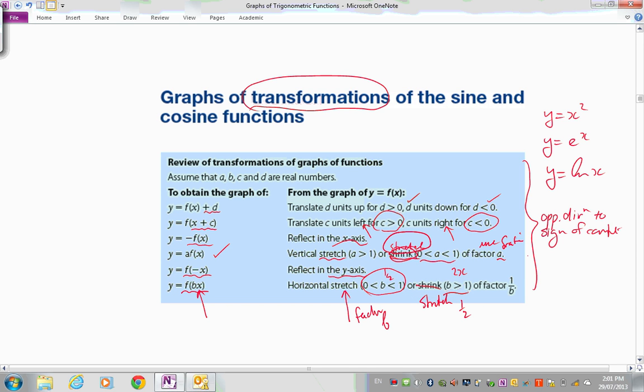So just got to watch that there. It's really a shrink of a factor of 2 there. I disagree with that language. When b is greater than 1, like 2, we're shrinking it by a factor of 2 or stretching it by a factor of a half. Just be careful with your language there. The IB prefers using a stretch in both of those. If the number's bigger than 1 in the x stretching, it's actually stretching by a factor of a half. We'll look at that again later on. It's a bit of revision needed there.